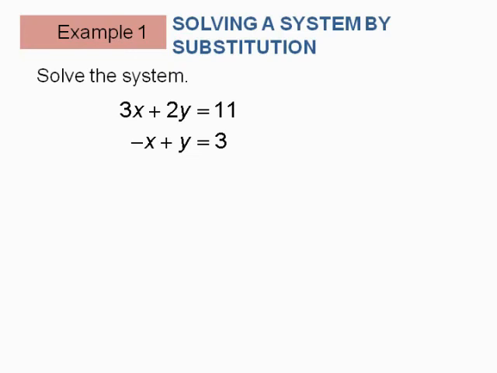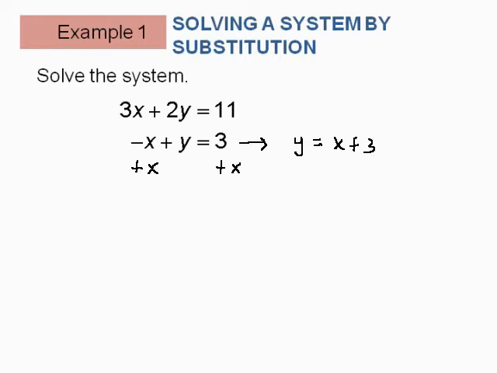So for the first example, it says solve this system of equations. Looking at the two equations, it looks like I could easily, on the second equation, get y by itself by adding x to both sides. So I'm going to take this second equation and solve for y and say y equals x plus 3.